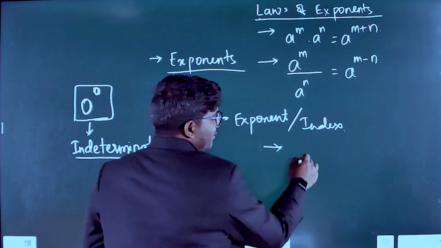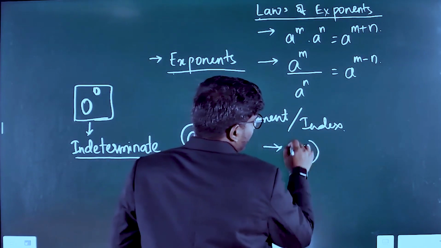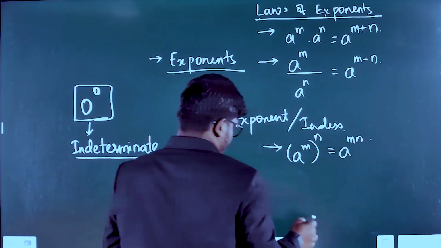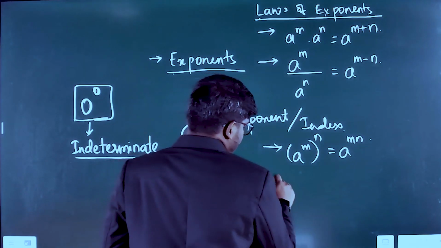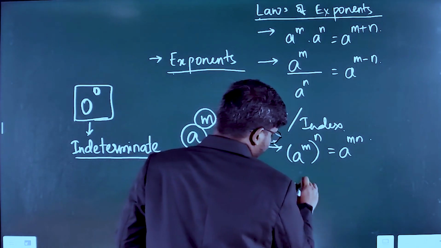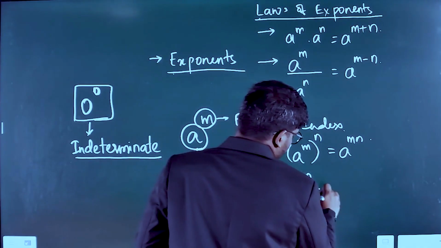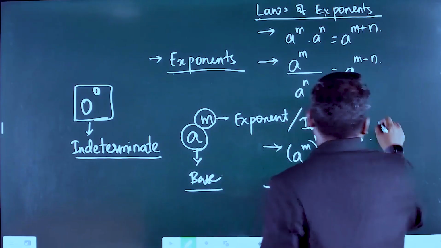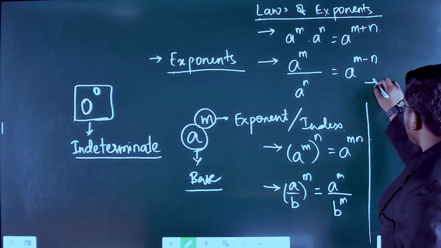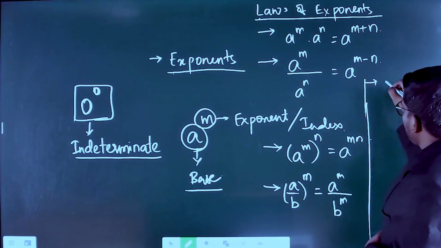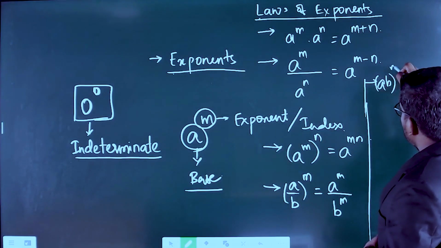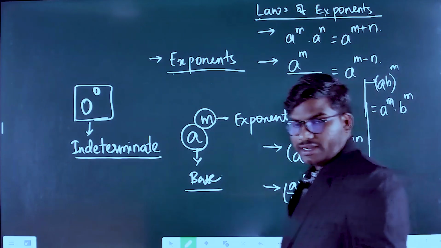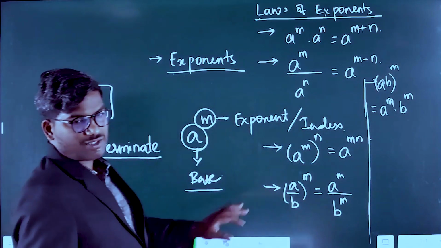After that, we have a power m whole power n is a power mn, right? As well as a by b whole power m is a power m by b power m. Similarly, ab whole power m is a power m into b power m. Alright? These are the laws of exponents for us.